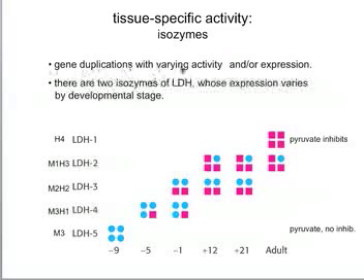So of course gene duplications arise, and they have varying activity and/or expression patterns, which we see here. And in the case of LDH, there are at least two, sometimes there are more, but let's consider two versions of LDH in the developing rat.